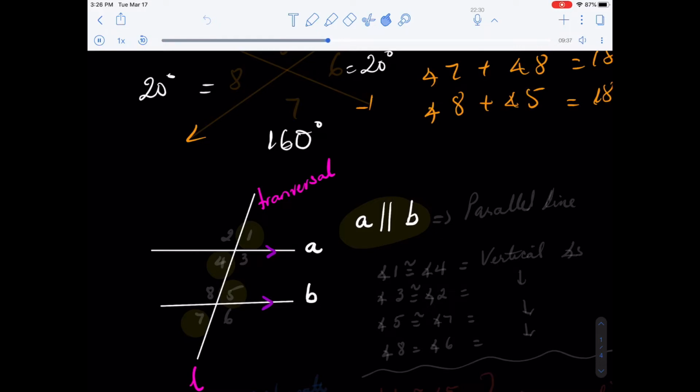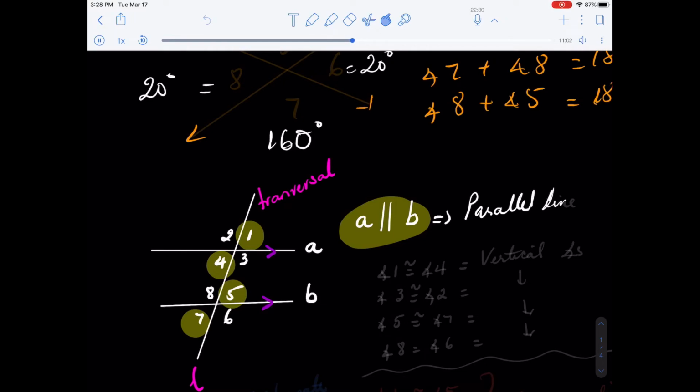That means you are going to have a lot of relationships between angles. Alternate interior, corresponding, alternate exterior, but it doesn't mean they are the same unless they tell you they are parallel lines. That is the important information: parallel lines.